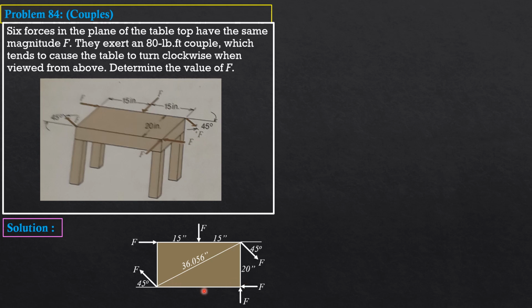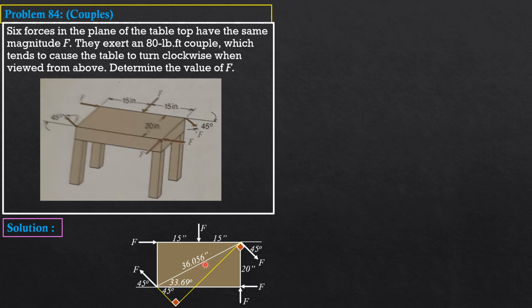I will not show that also. That's 33.69 degrees. And this is the perpendicular distance between these two diagonal forces. So the lever arm of this couple is 36.056 sine of this total angle here, which is 33.69 plus 45, that's 78.69.